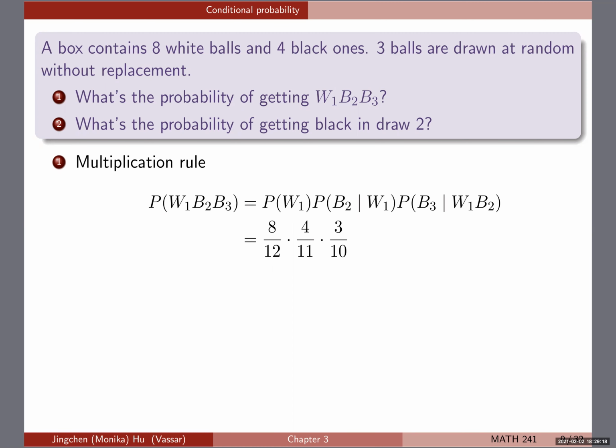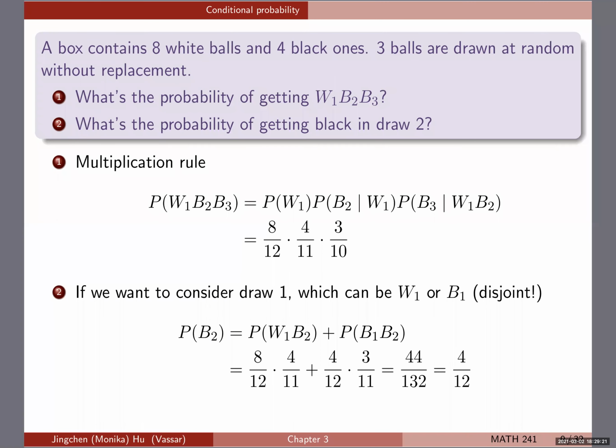Okay, so now let's introduce this. If we want to consider draw 1, because we know that is conditional information for us in order to know about the second draw, it could be W1 or B1. Notice that we highlight here they're disjoint, meaning that they cannot happen at the same time. So the conditional probability of B2 given either W1 or B1 is going to be different.